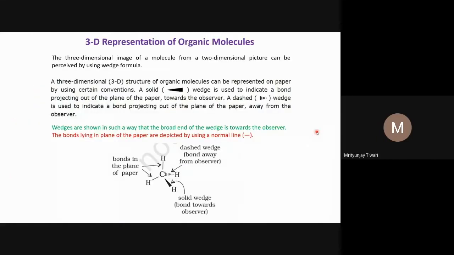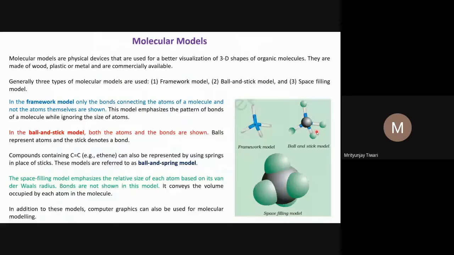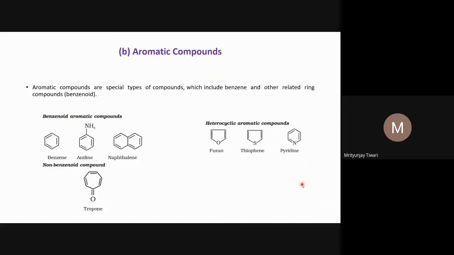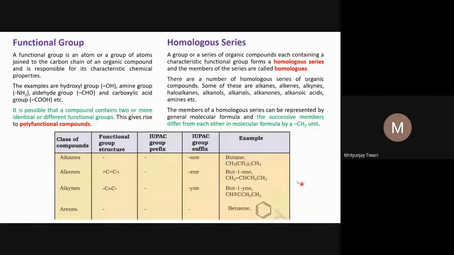Then in this example we have also seen this aldehyde group, the alkanals. This is an alkanoic acid. Alkanones are ketones, alkanals are aldehydes, alkanoic acids are carboxylic acids, amines, etc. They can all have different homologous series.